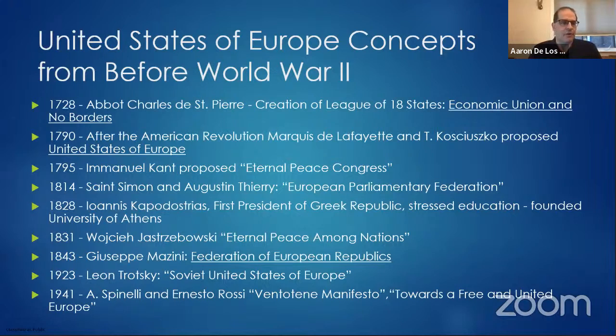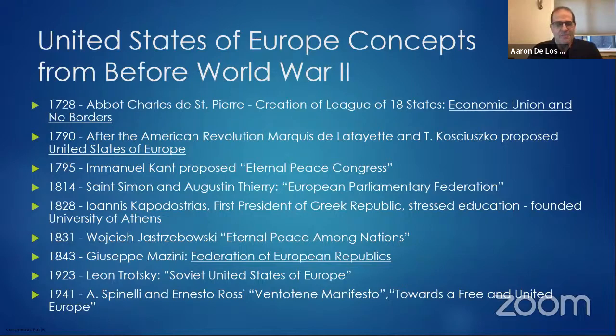And so through the 18th century, and then obviously as socialism and global socialism and communism also took off in the middle to late 1800s, and into the 20th century, there was basically a communist or socialist version of the same desire, to the point that Leon Trotsky wanted a Soviet United States of Europe, which is sort of funny when you think about that, because it would be a Russian version of that, which is very nationalistic.